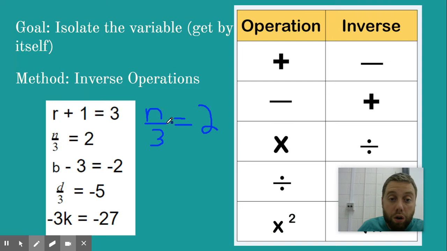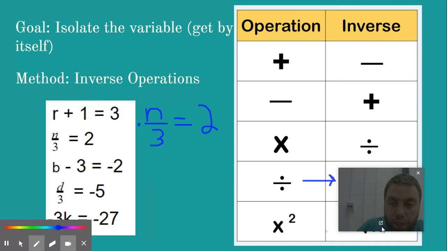Now we want to solve this equation. The way we're going to solve this equation is by isolating, getting by itself, this n. To do that, we need to recognize that this line here means divide, right? We saw that at the very beginning of the slideshow. We need to get rid of this line. That's division. So we're going to multiply, because the inverse operation of division is multiplication.